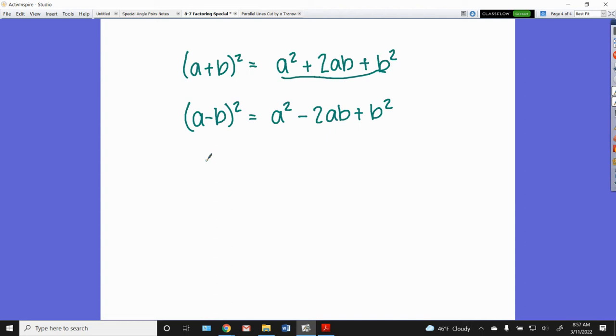So the good news is you didn't have to memorize this shortcut to get to those answers. You could have said a plus b in parentheses times a plus b in parentheses and distributed or foiled, whichever way you want to think of it, and gotten to these answers right here, okay? So same thing applies with the reverse.